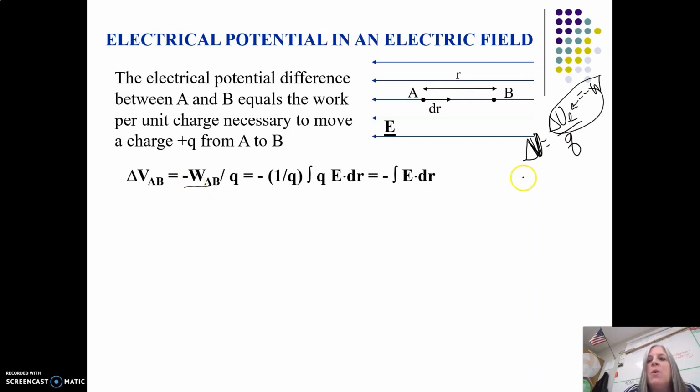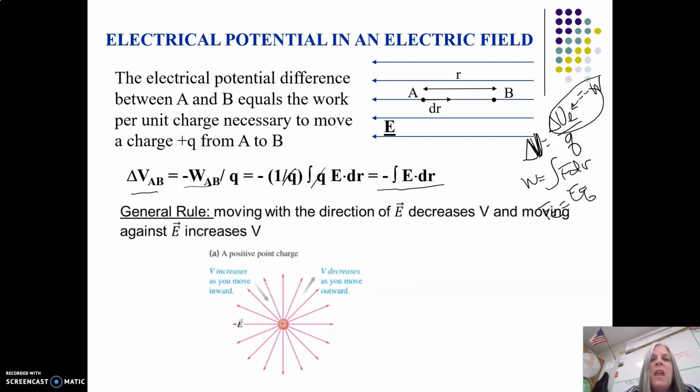And we know that work is the integral of force with respect to distance, and that the electric force is equal to E times Q. If I plug that in here, you'll see that the per Q times Q cancels out, and we get that the change in voltage, or the electric potential difference, is the negative integral of the electric field with respect to distance.